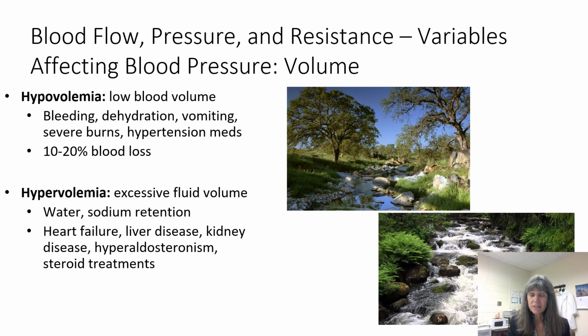Remember, aldosterone is involved in the renin-angiotensin-aldosterone system, where aldosterone helps absorb sodium and water follows to increase blood pressure. So if we've got too much aldosterone, that could cause hypervolemia, and some steroid treatments as well can cause fluid retention, leading to hypervolemia.